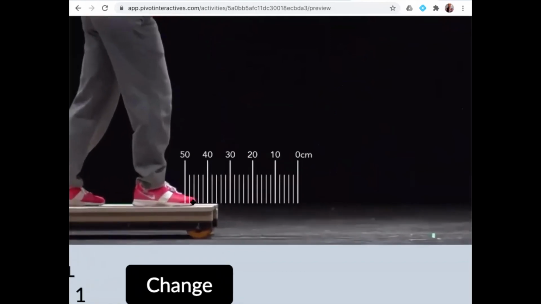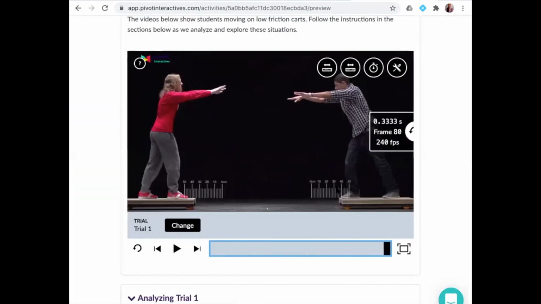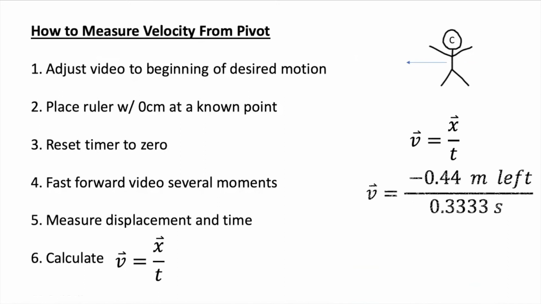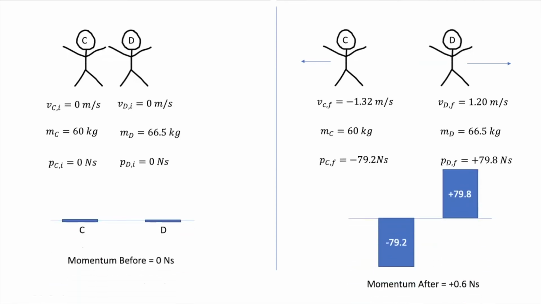Christine moved 44 centimeters backwards in the same 0.33 second increment of time. So when I go calculate her velocity, I should end up with a negative because she moved left. Her velocity is negative 1.32 meters per second, giving her a final momentum of negative 79.2 Newton seconds.